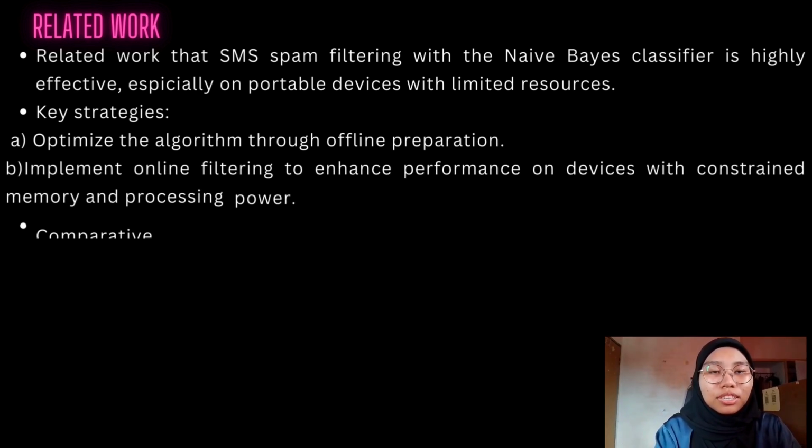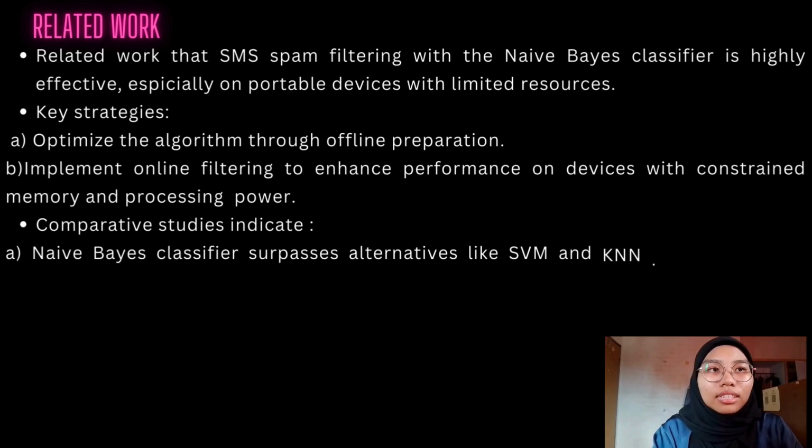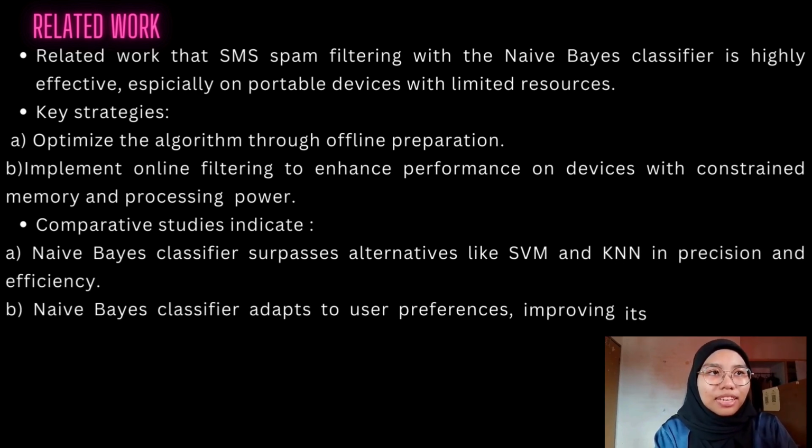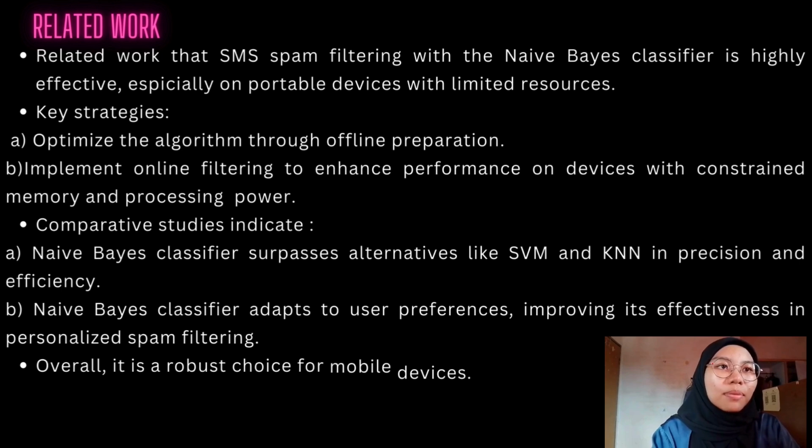Today I would like to present the related work. The related work is that SMS spam filtering using the naive Bayes classifier is highly effective, especially for portable devices with limited resources. Key strategies include optimizing the algorithm through offline preparation and online filtering to enhance performance on devices with constraints on memory and processing power.